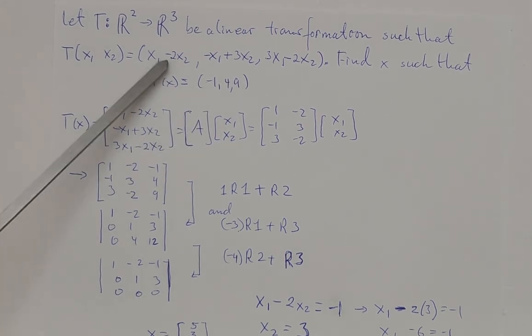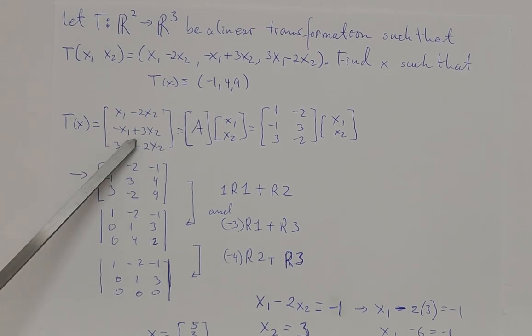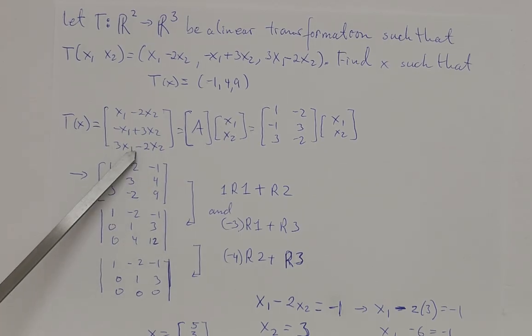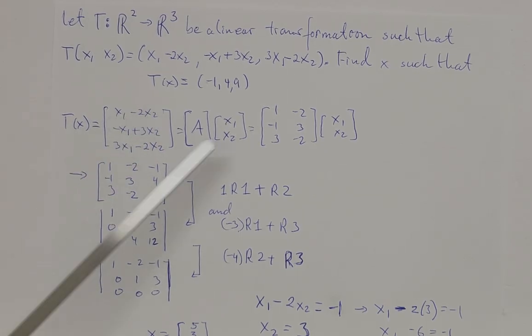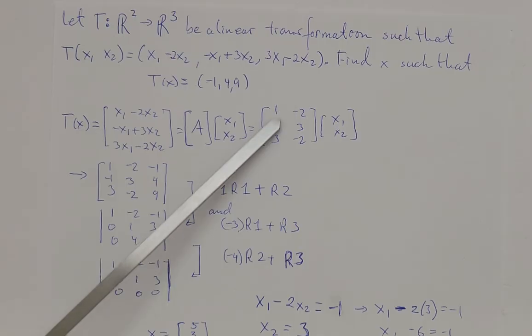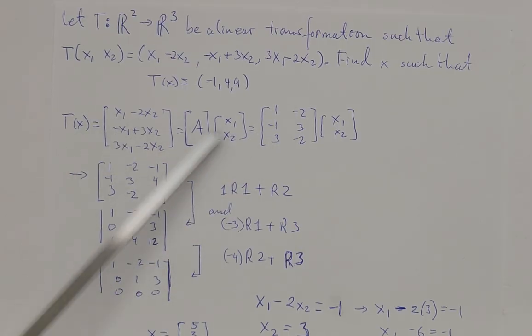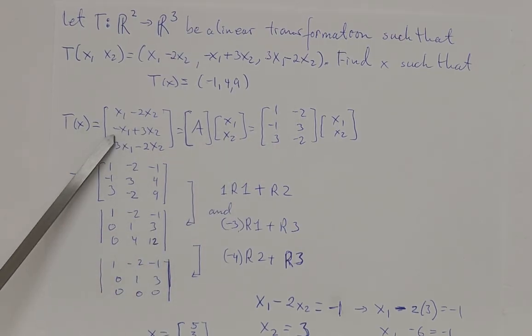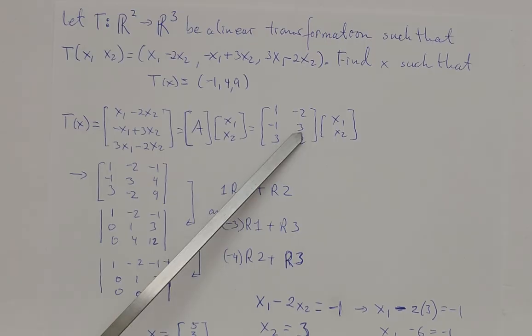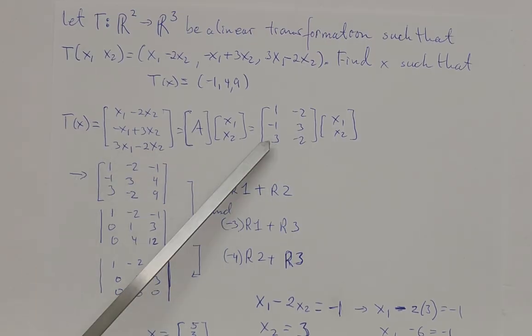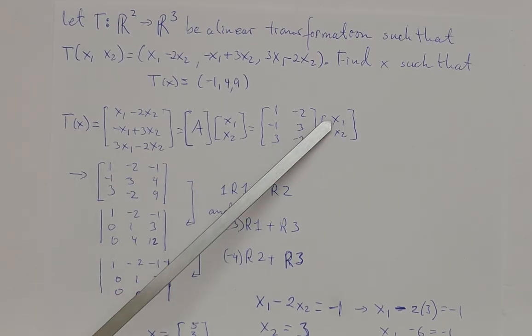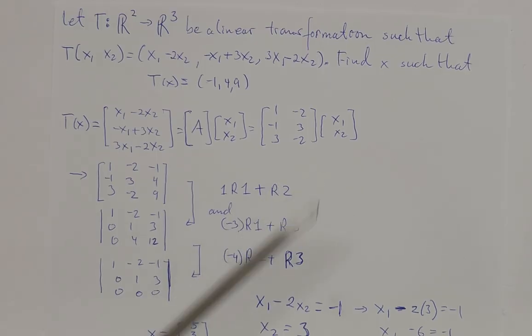Okay, again, line 1, line 2, line 3, and change this into matrix form. So matrix A is 1, -2, -1, 3, 3, -2 with two variables x1 and x2.